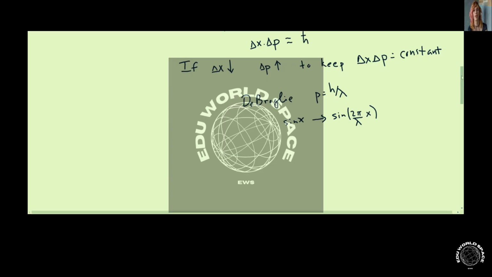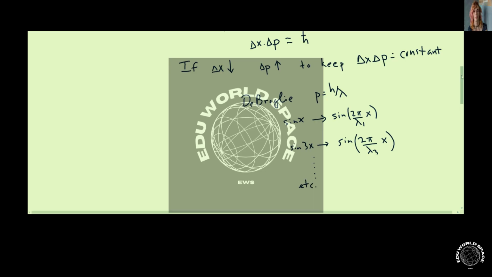So each term adds a wavelength. For example, sine of 3x adds sine of 2 pi over a new wavelength, and you could find each of those wavelengths.